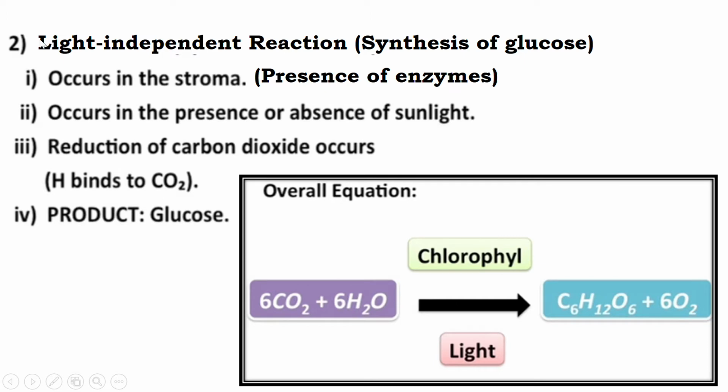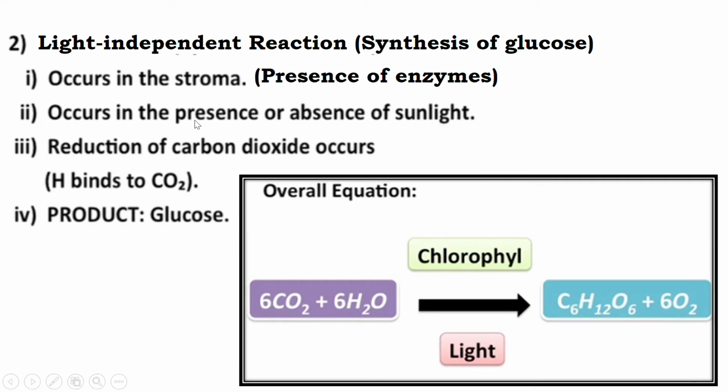Okay, so in this light-independent reaction, what happens is that glucose is eventually produced. Okay, we know that's the purpose of photosynthesis, right? So this light-independent, by the name itself, you already know it doesn't depend on light. So this second statement makes sense for you. It can take place either without or with the presence of sunlight.